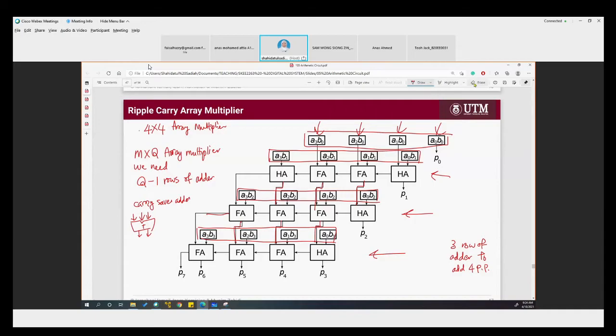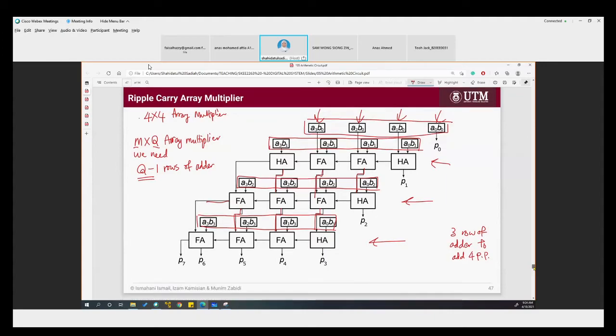But here in this slide, we are talking about the ripple carry adder. So if we are using ripple carry adder, the number of rows of adder needed is q minus 1 for an m by q array multiplier. All right. And also we still need this number of AND gates.